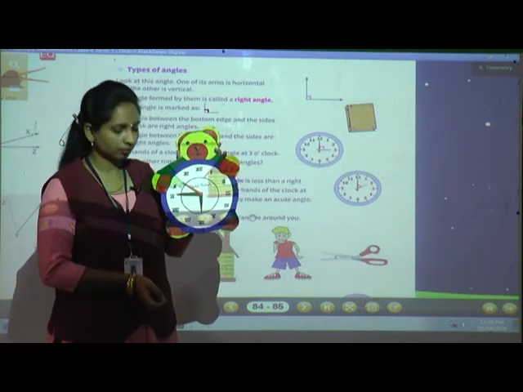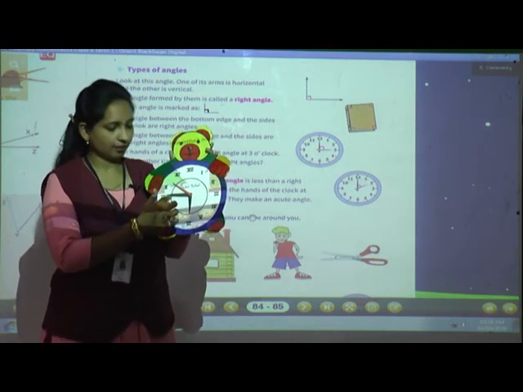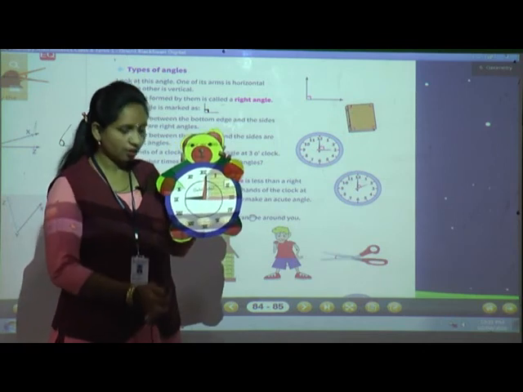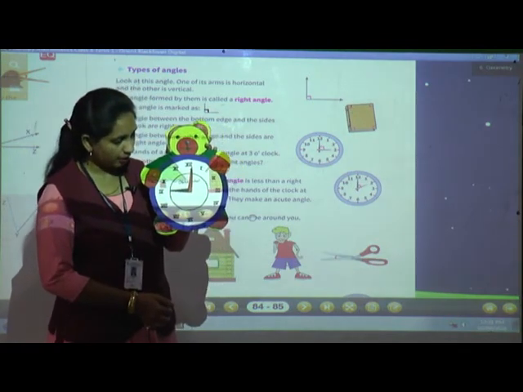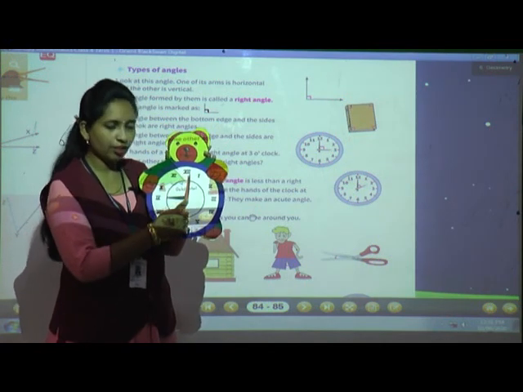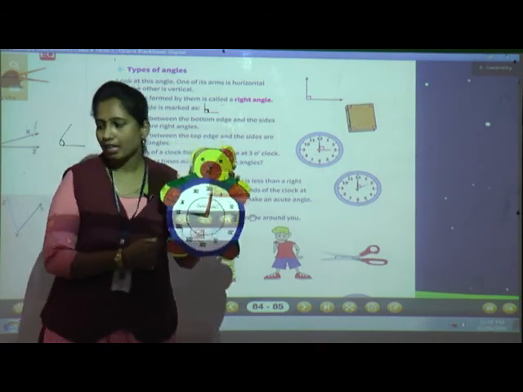See now? Yes. Here also we can form one right angle. Again you see. Yes. Can you tell me which angle? Right angle. Again we can form one more angle. So in the four directions we can make an angle.